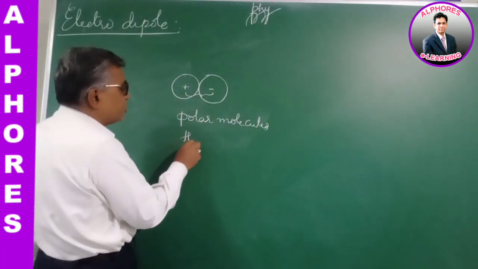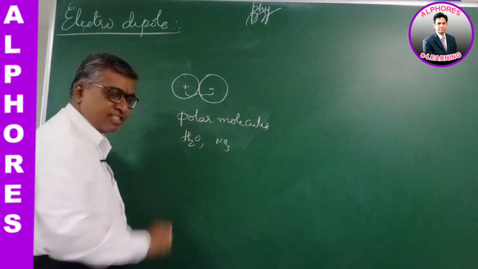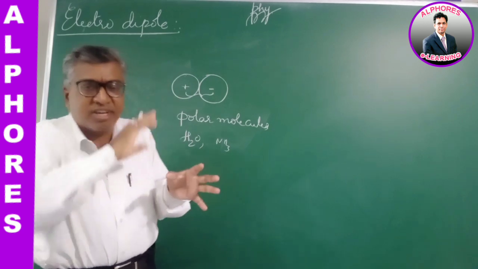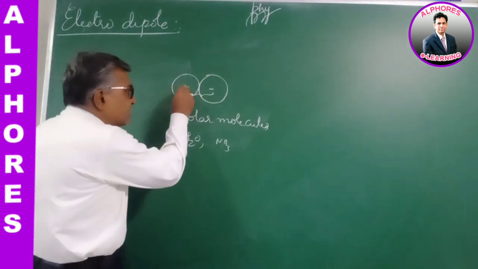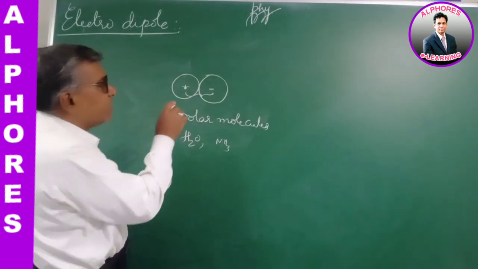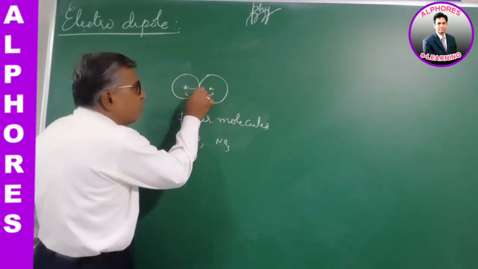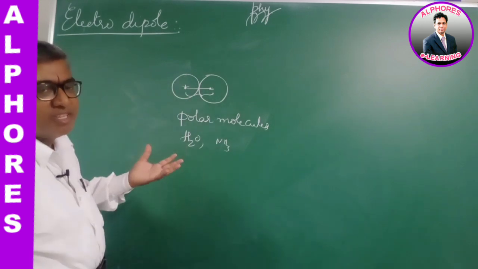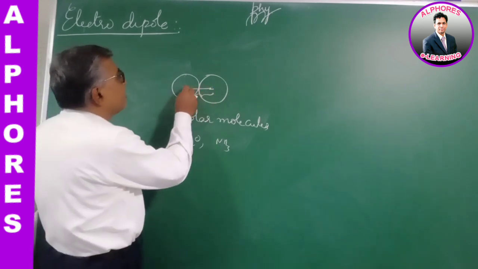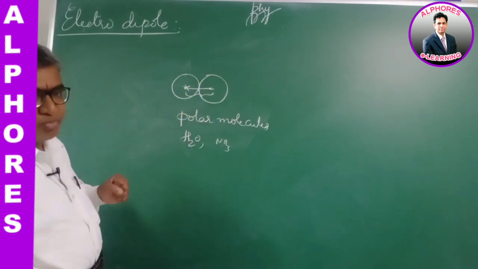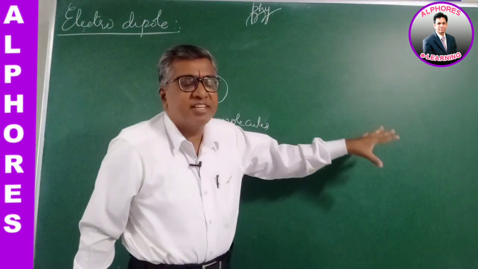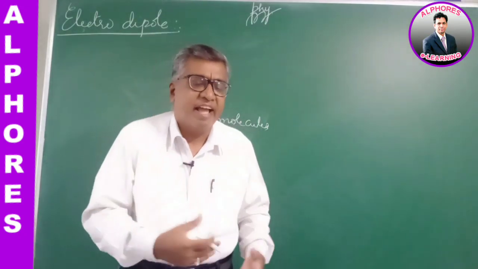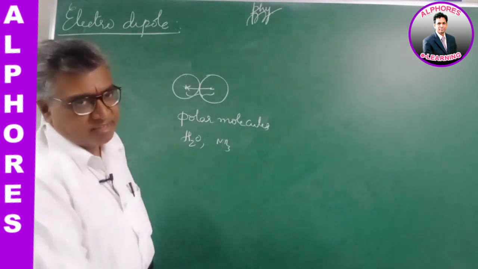Example: H2O, NH3, etc. In these molecules, the net positive charge is concentrated at one point and the net negative charge at another point, with a small separation. Such molecules initially possess dipole moment with separation and charge. Now again, when they are placed in an electric field, they still get separated, their dipole moment increases and they show turning effect, and various other things.